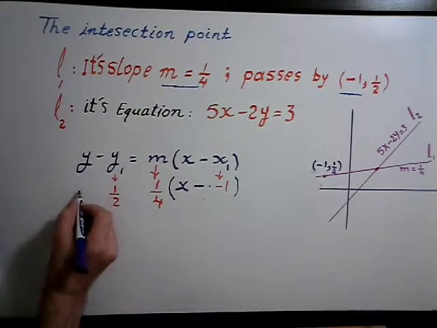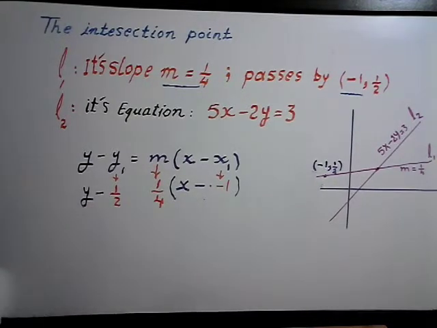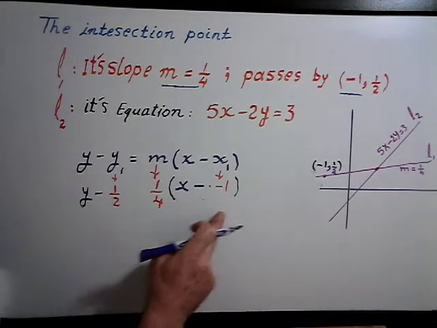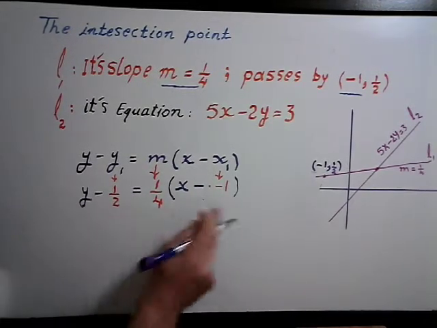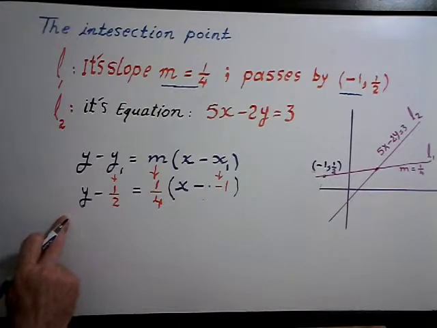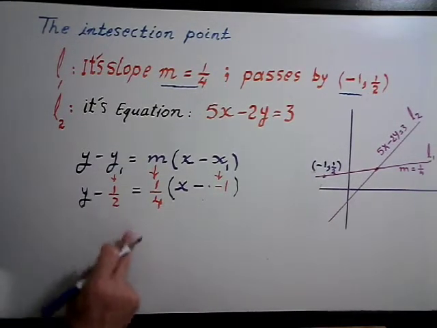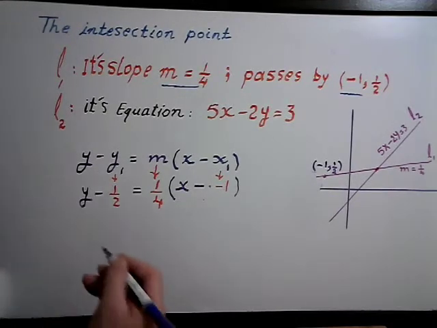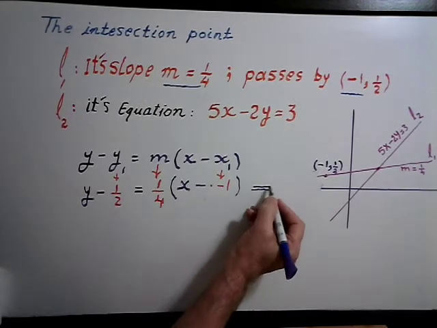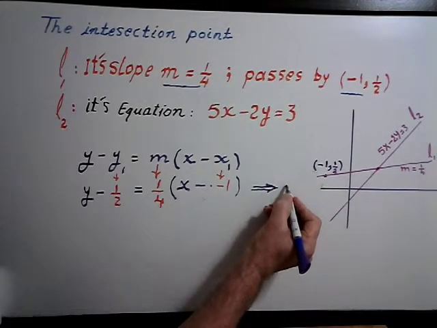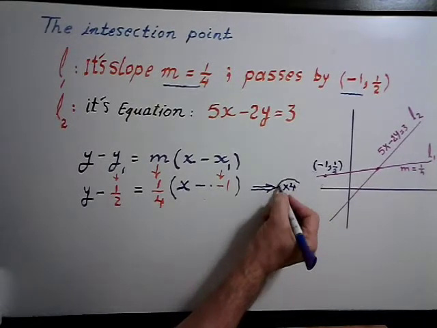Then I will simplify this equation by multiplying by the common denominator between 2 and 4, which is 4. So I will multiply this equation by 4.